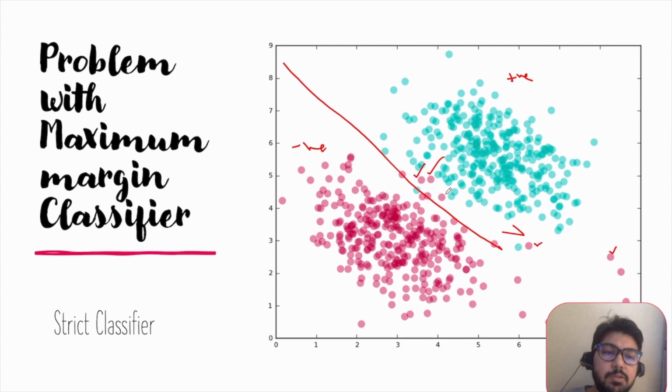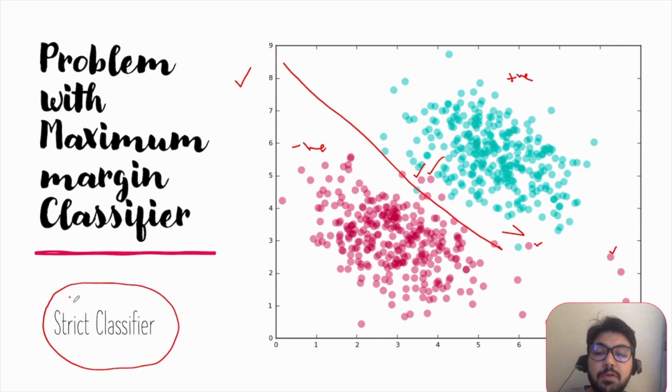It may be noise, or it may be some real life situation where the characteristics of one class match some of the characteristics of the other class, but that is only in rare situations. So in this practical situation the maximum margin hyperplane or classifier cannot exist. The problem of this classifier is that it is a very strict classifier.